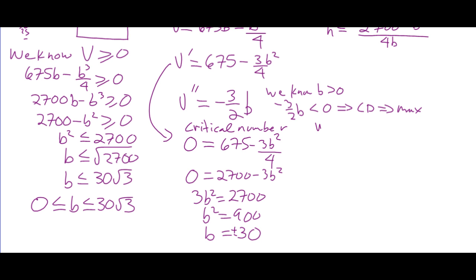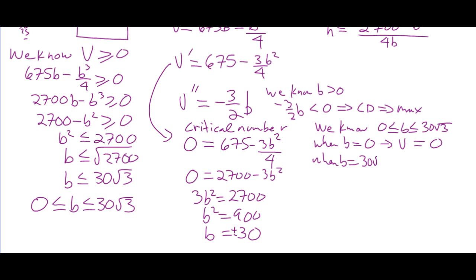Okay, so we know b is between 0 and 30 root 3. When b equals 0, v is equal to 0. When b is 30 root 3, then h is equal to 0, which means our volume is 0, right?